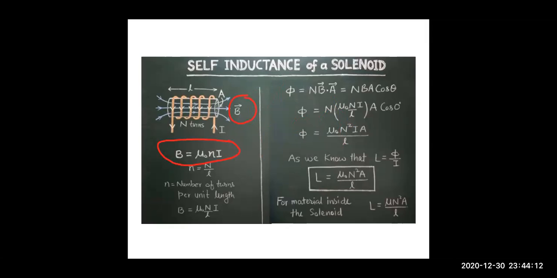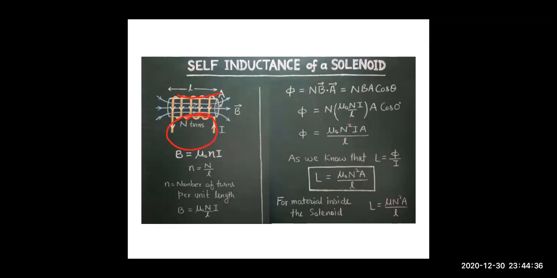And here, when we pass current, magnetic field B is produced in the solenoid. Now, the magnitude of that magnetic field is B equals mu 0 n i, where mu 0, we know, is the magnetic permeability of free space, right? And here capital N is the total number of turns and L is the length of the conductor.